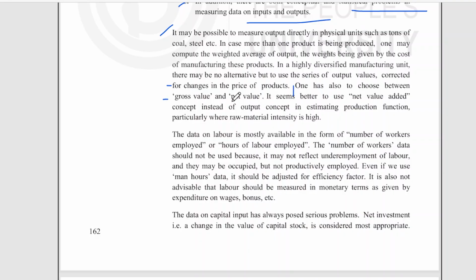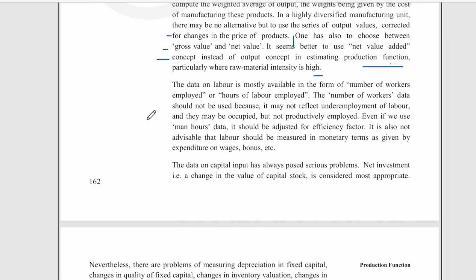It seems better to use the net value added concept instead of the output concept in estimating the production function, particularly where raw material intensity is high. And the data on labor is mostly available in the form of number of workers employed or hours of labor employed.